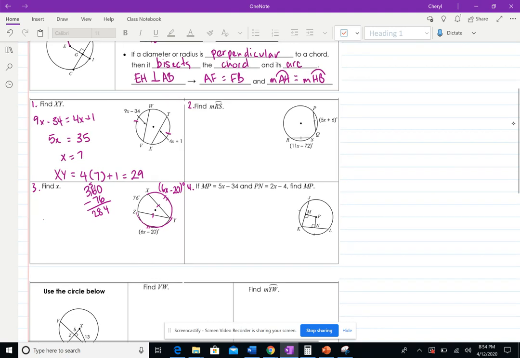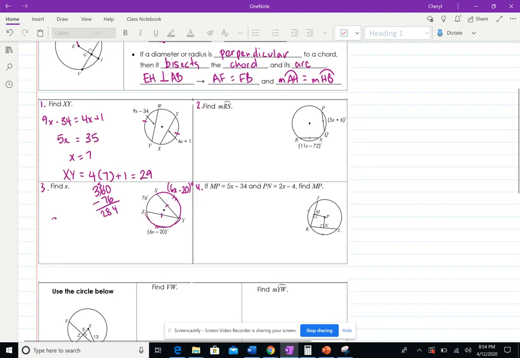So let's just do 2 times 6x minus 20 equals 284. That's 12x minus 40 equals 284. We'll add 40 to both sides. That gives us 12x equals 324.